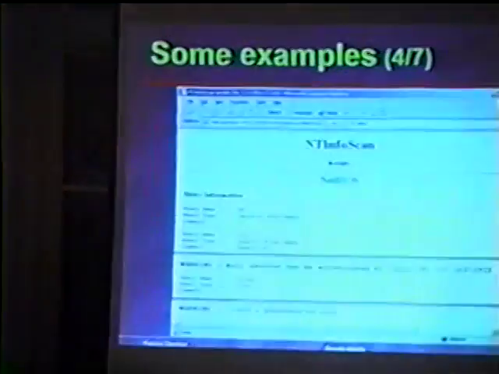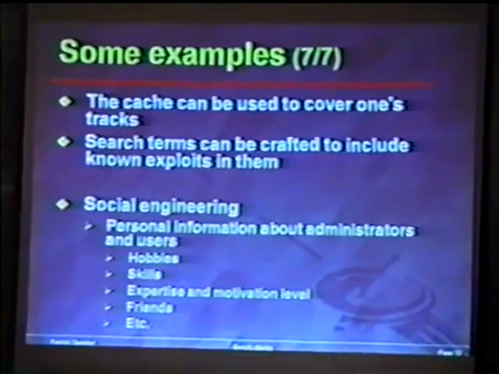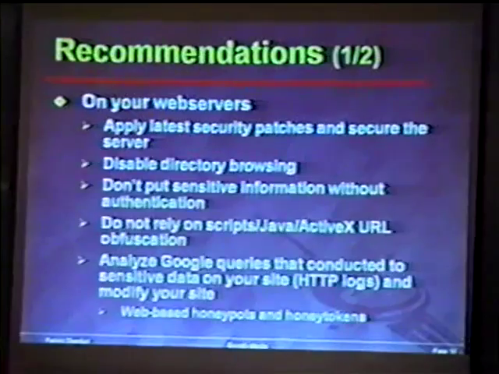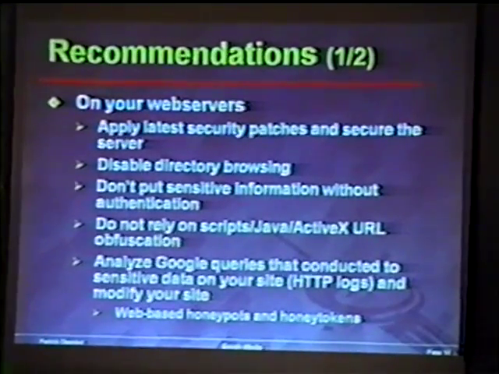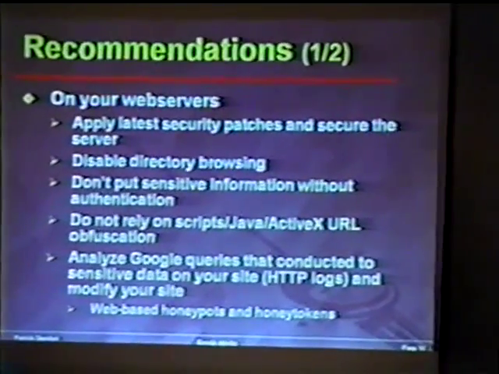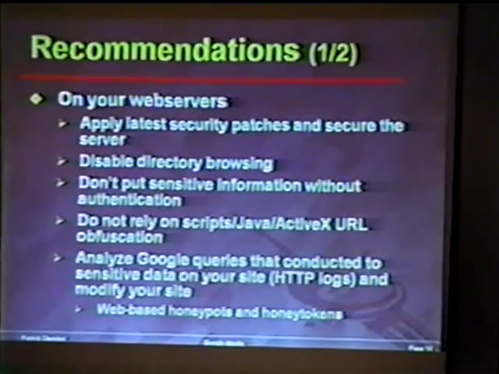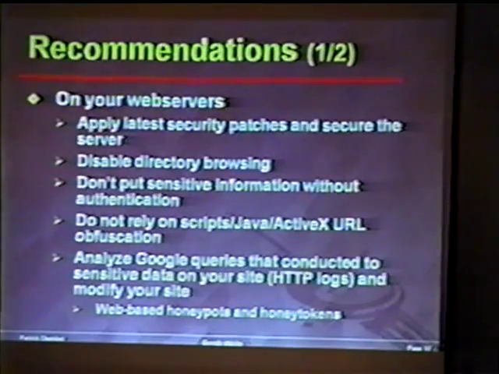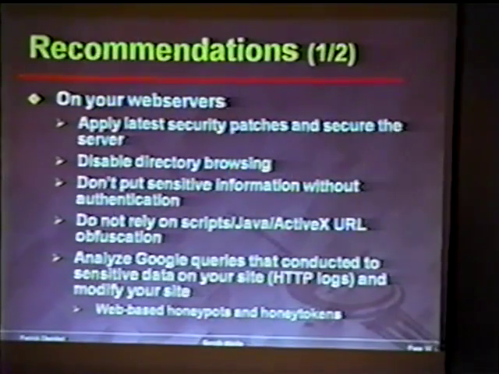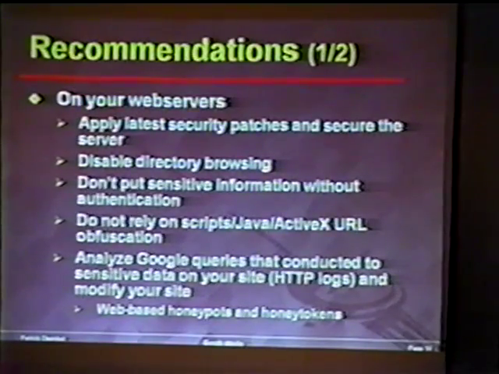Okay, so we talked about all this. We talked about social engineering. We started to talk about recommendations. So yes, just a word about web-based honeypots and honey tokens. It could be useful for you to set up a honeypot and to put on it some web pages you specially crafted to attract pen testers or attackers.